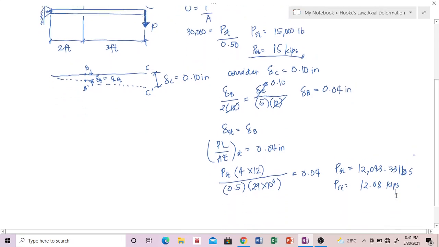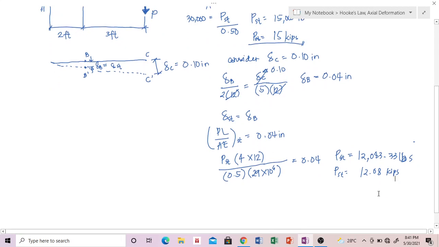So now, what is the final answer? Because we are determining the largest value of P that will not exceed the allowable stress and the displacement of C, the final answer for the load P is equivalent to 12.08 for steel.